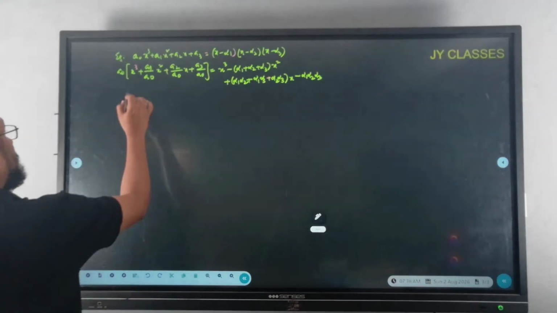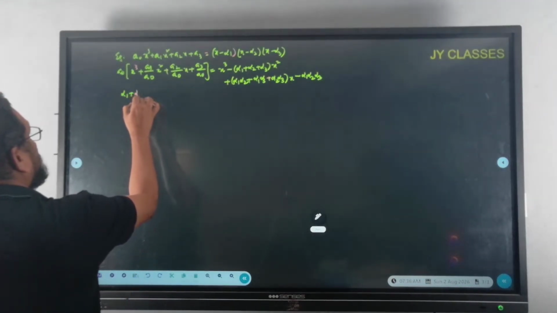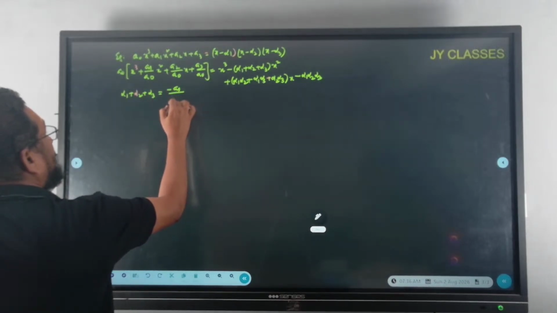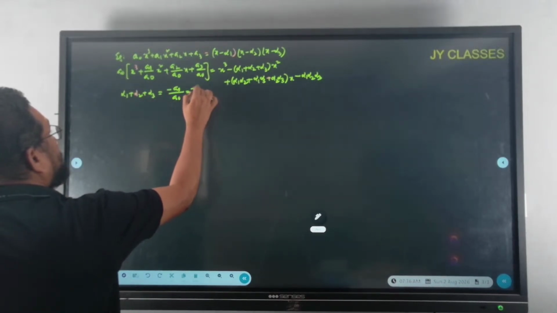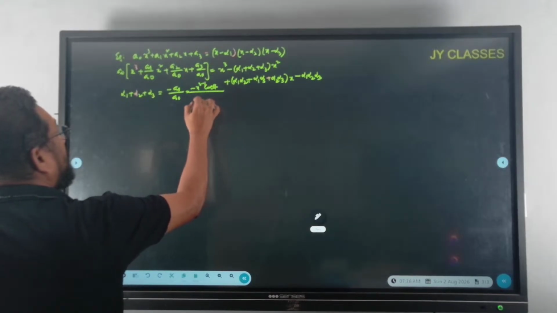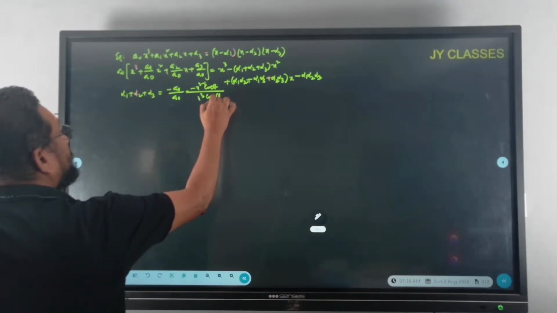Now if you compare, alpha 1 plus alpha 2 plus alpha 3, the sum of roots, is minus a1 by a naught, that is minus x power 3 minus 1 coefficient by x power 3 coefficient.